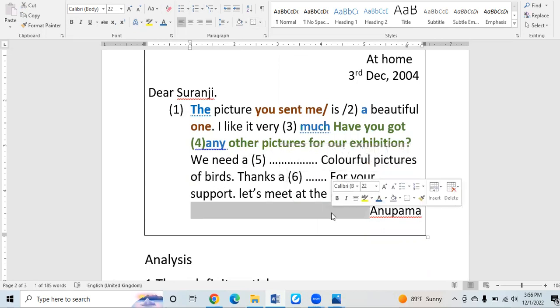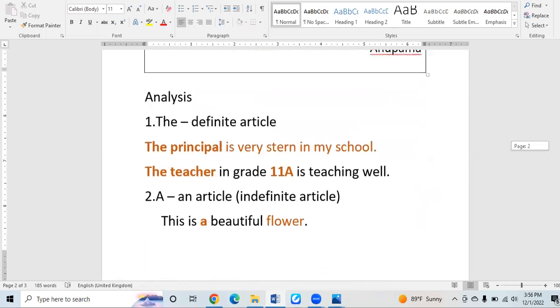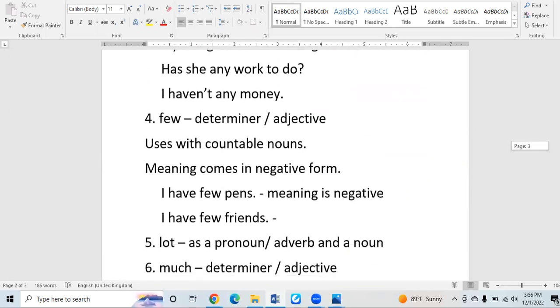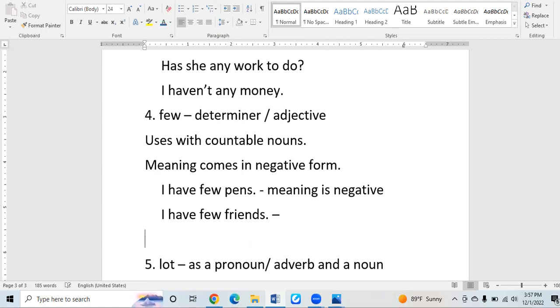right? Then, I forgot to tell you here, "few," I told you "few" in the sense of just something you don't have, right? Its meaning is negative.